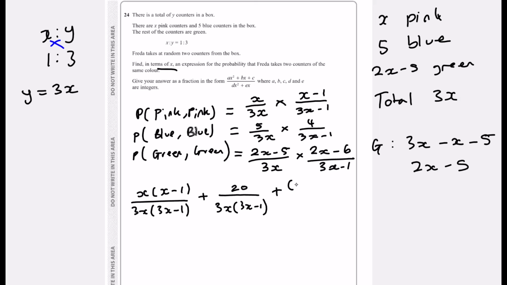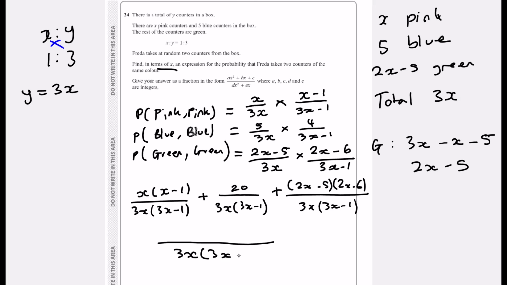Or we could have 2X minus 5 times 2X minus 6 over 3X times 3X minus 1. So we need to expand these brackets. We can make it into one fraction though first. So it's going to be 3X times 3X minus 1 on the bottom.